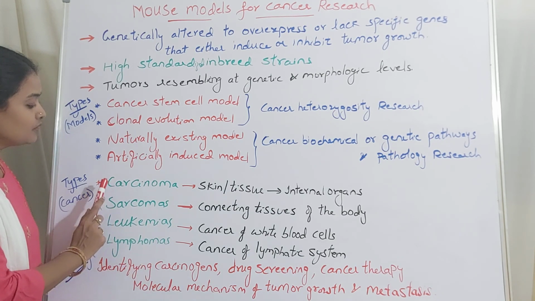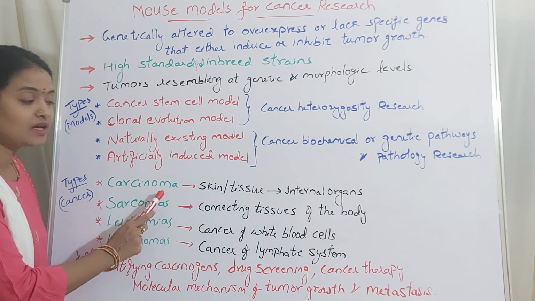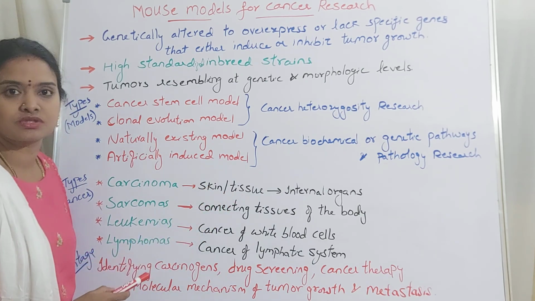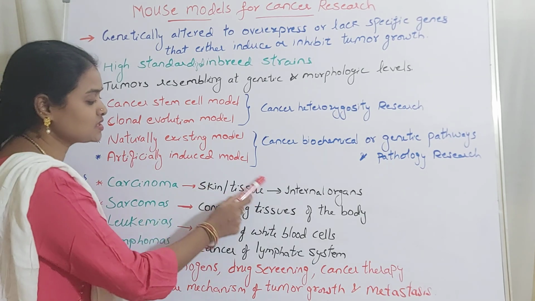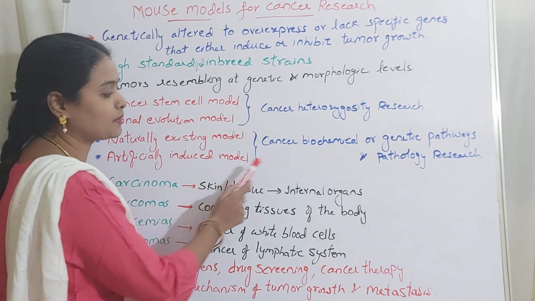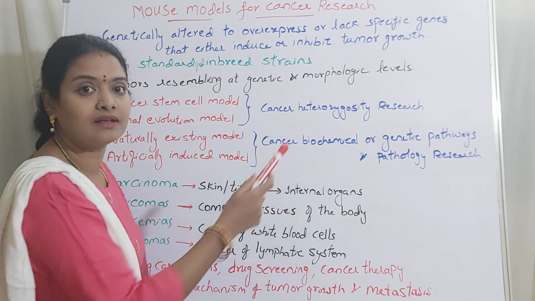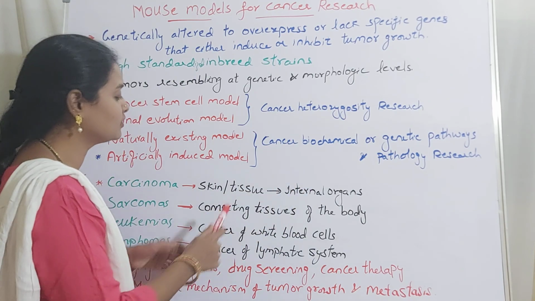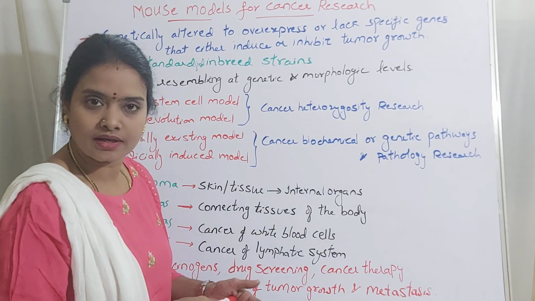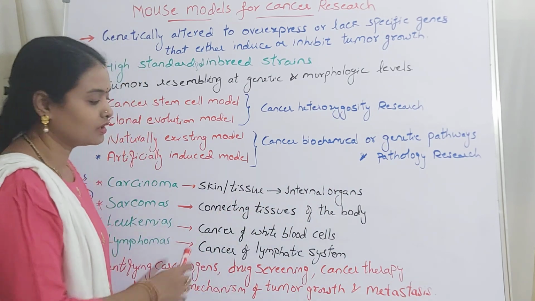So the first one, the carcinomas, where the cancer will start in the skin or the tissues. So the initiation is in the skin or the tissues, and gradually they spread to the internal organs and glands. The cancerous cells completely cover the internal organs or the glands in the body, right?